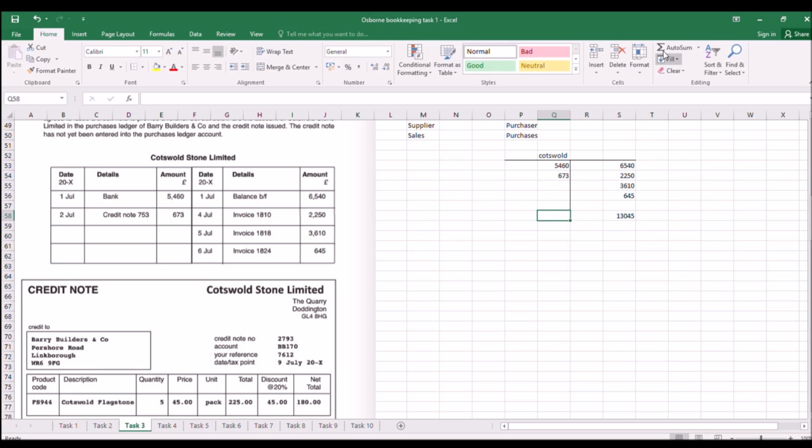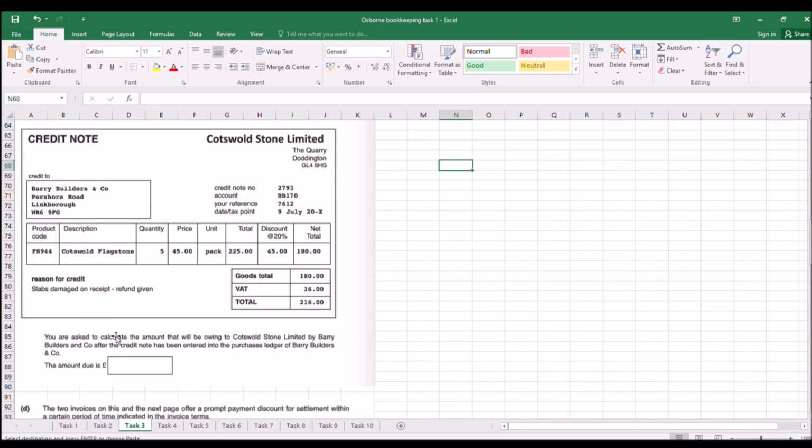What I'm going to do now as well is not put the carried downs in there like it would normally go, because it's easier to just put them as the difference. So that's the carry down figure there, and then re-add them up to make sure that they add up. Okay, right.